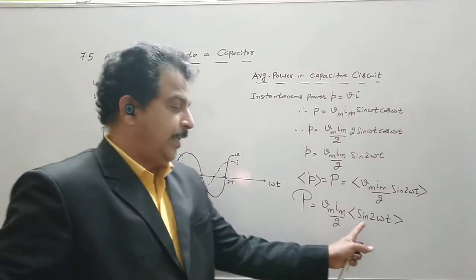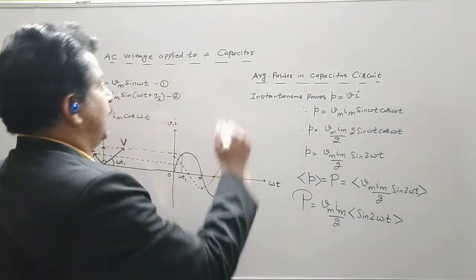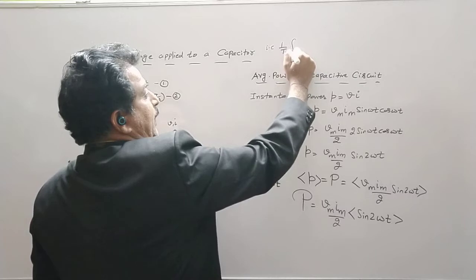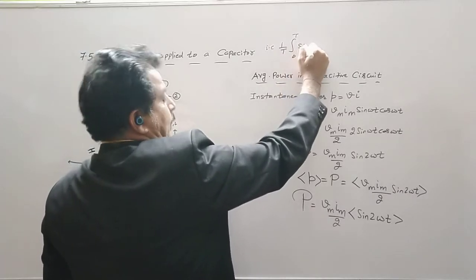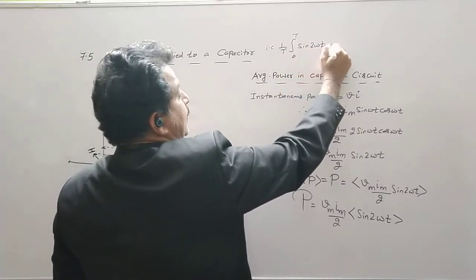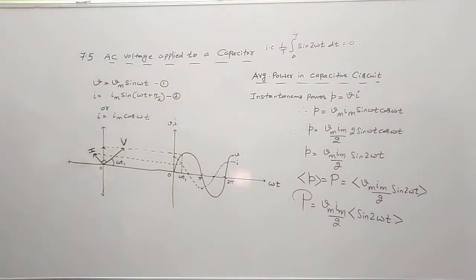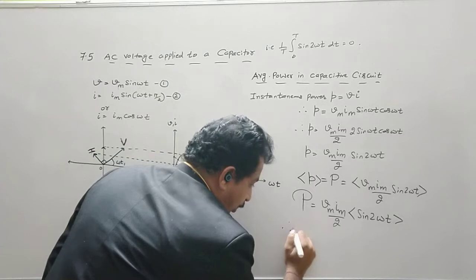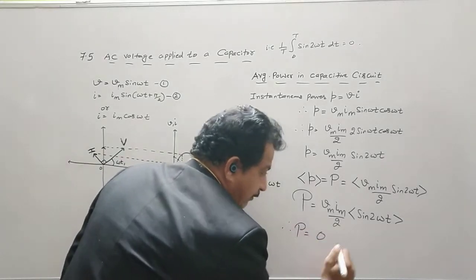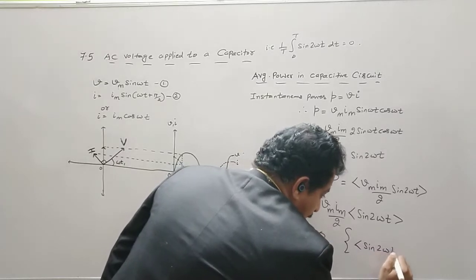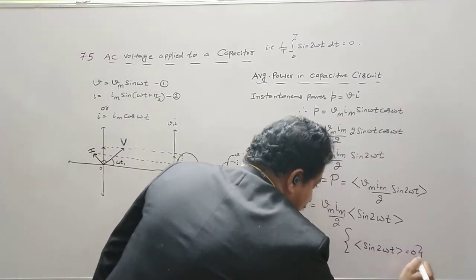The average will be 1 by T, integral from 0 to T of sine of 2 omega t dt. If you integrate this, it comes out to be 0. So the average power is 0 because the average of sine 2 omega t is 0.